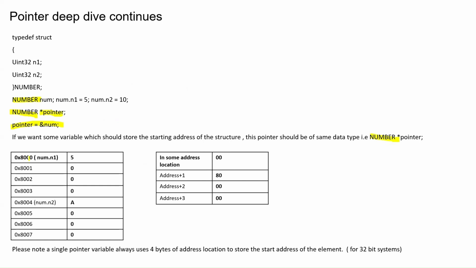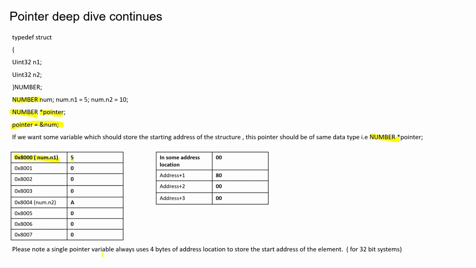So let's assume that you have some address location 8000. It will show the LSB first. Each location stores 1 byte of data, right? So if it is 32-bit data, it will have 4 bytes. You can see the 4 bytes and then the next 4 bytes.